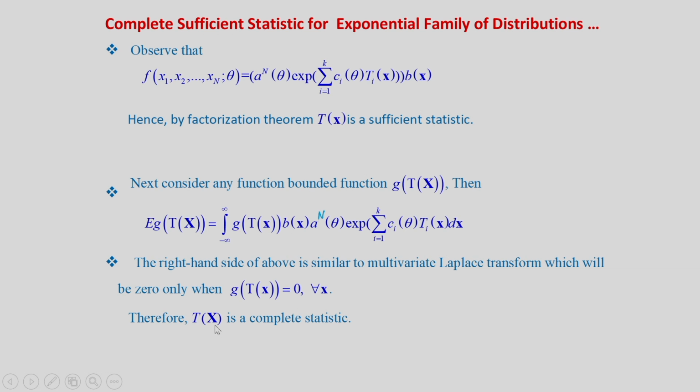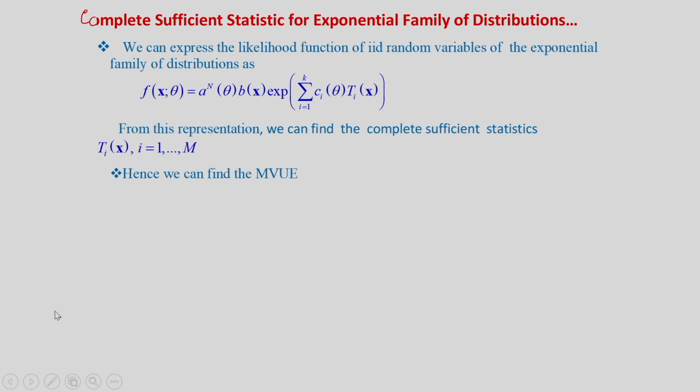So, we saw that T(x) is not only sufficient, but it is also a complete statistic. Now, given the complete sufficient statistics for the exponential family of distributions, we can find the sufficient statistics in this term itself. We can express the likelihood function of IID random variables of the exponential family of distributions like this: f(x; theta) is equal to a to the power n (theta) into b(x) into exponential of the summation of ci(theta) Ti(x), i going from 1 to k.